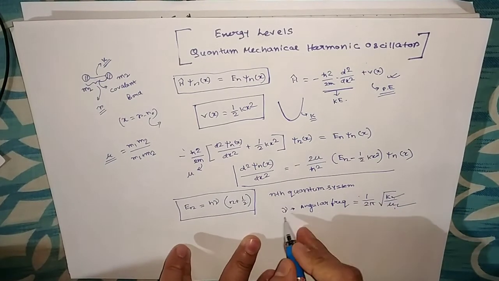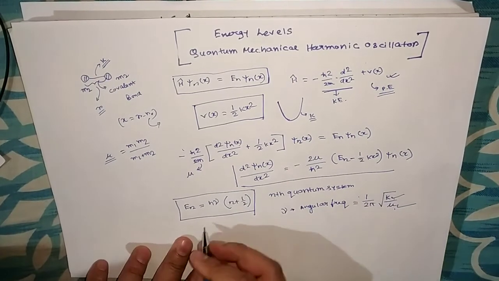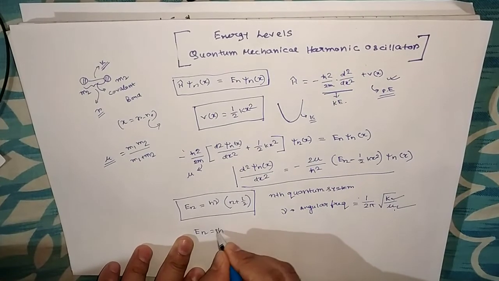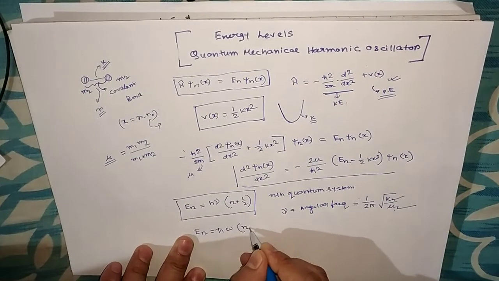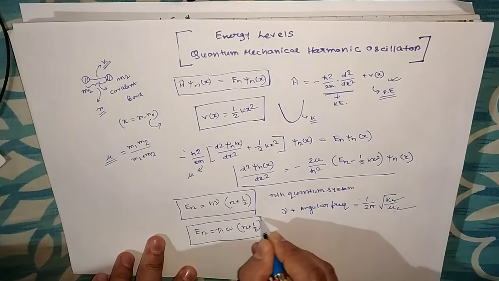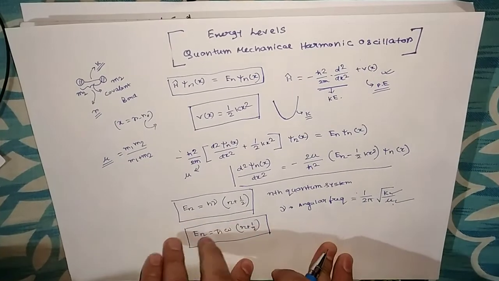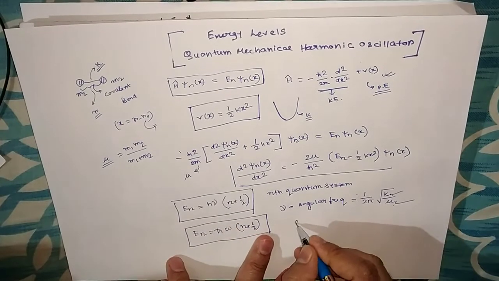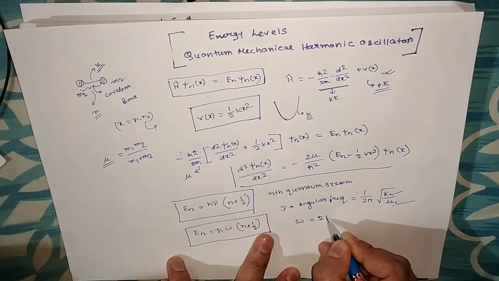Again, this expression can also be written as En = ħω(n + 1/2). You can see that there is a relation between ν and ω. ω is basically 2πν.